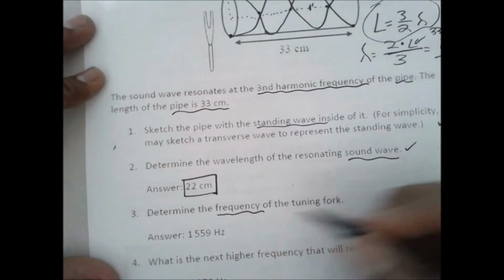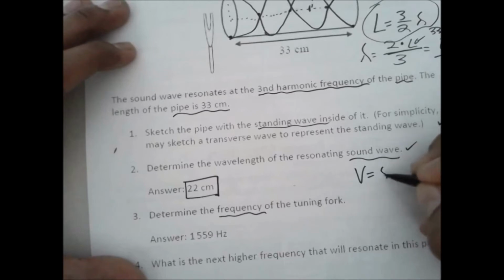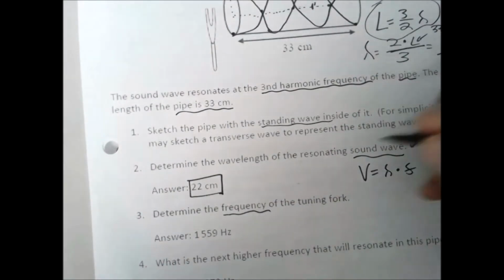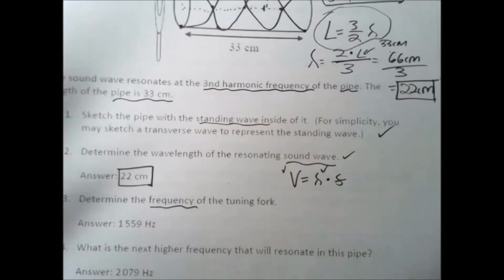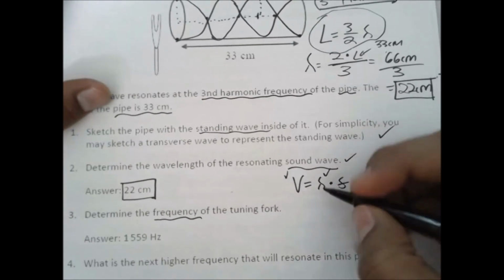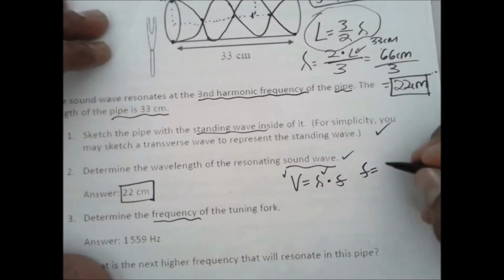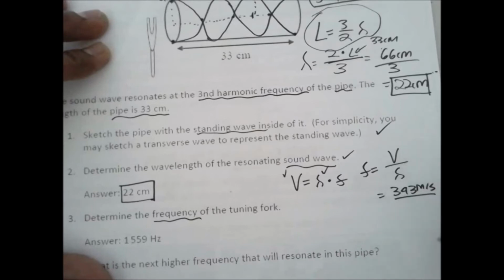Okay, so to determine the frequency of the tuning fork, we know that V is equal to lambda times frequency. We know that the velocity is 343 meters per second, and the wavelength is 22 centimeters, so the frequency has to be V divided by the wavelength. In this case, V is 343, and the wavelength is 22 centimeters or 0.22 meters.